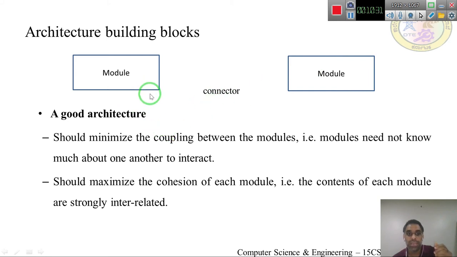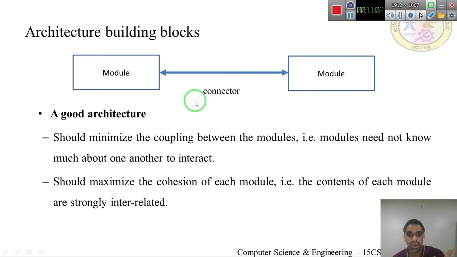Then it should also have a maximum cohesion within each module. Means the contents of each module should be strongly interrelated. Okay, so that is the meaning. So this is how modules get connected through a connector. Fine. So if these two are satisfied, then I can say the architecture of the system is a good one.